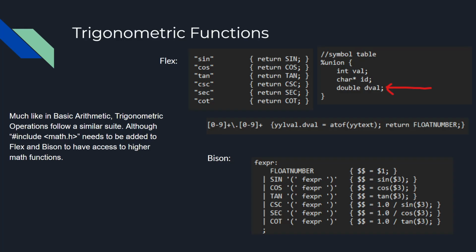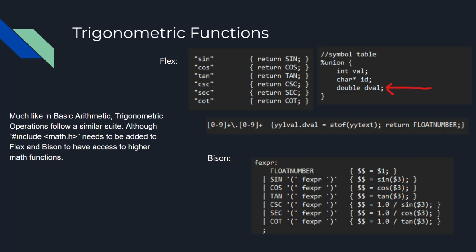Down in the bottom middle, you can see where we have left bracket 0 through 9 plus. So that means you can have whole numbers such as 45, 2, 3, and so on. And then backslash point is your decimal, and then you're able to have those numbers again.